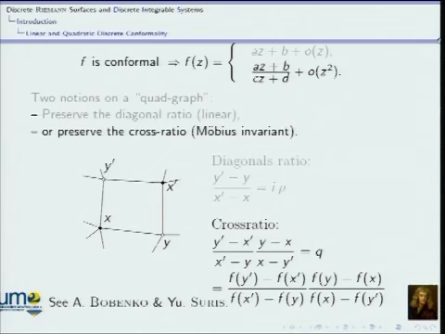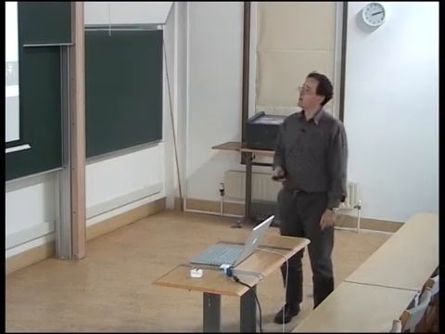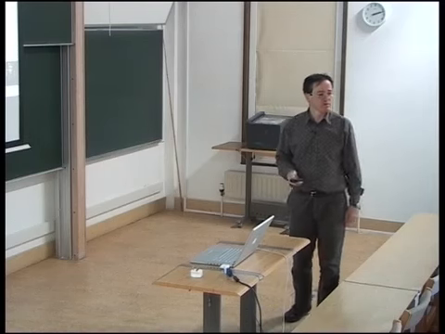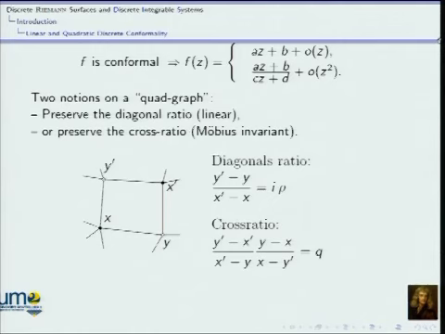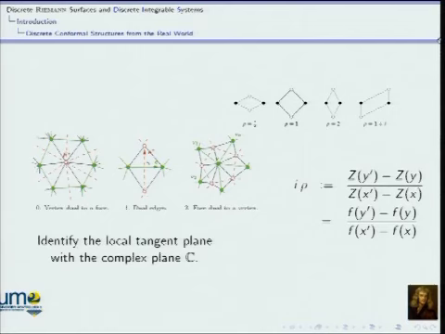It appeared in the 80s in a paper by Capelli and Neyhoff, if I'm correct. So you've got two notions, and we'll see that these two notions are actually linked to integrable systems.